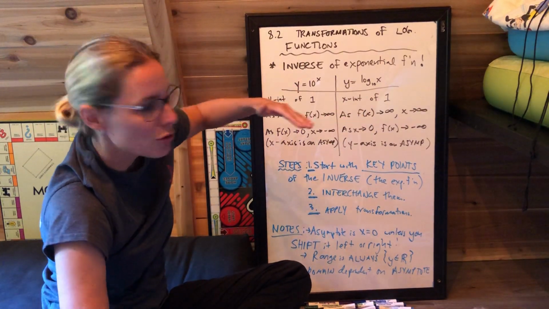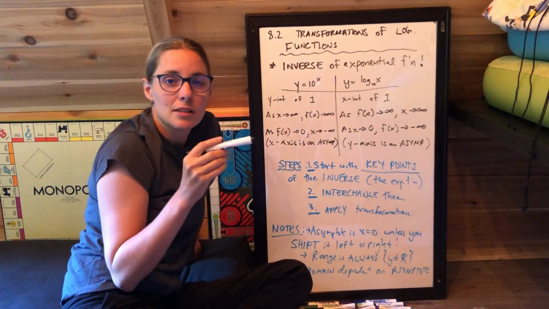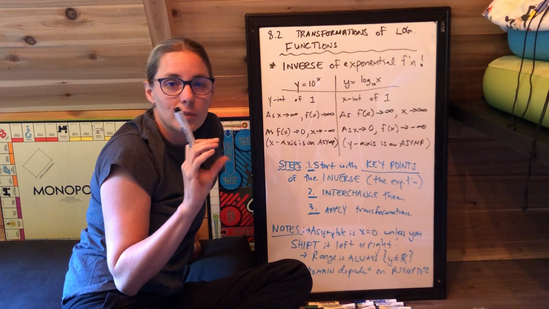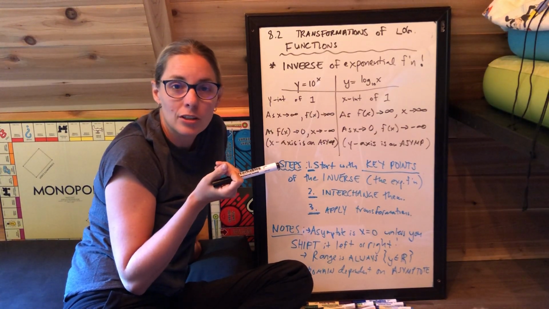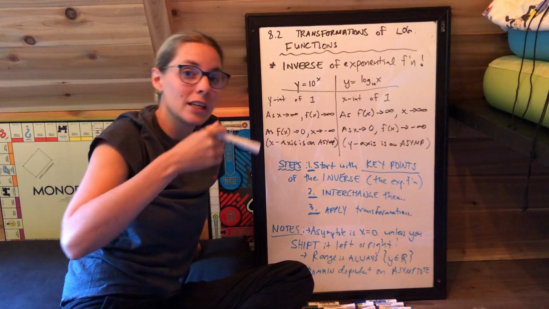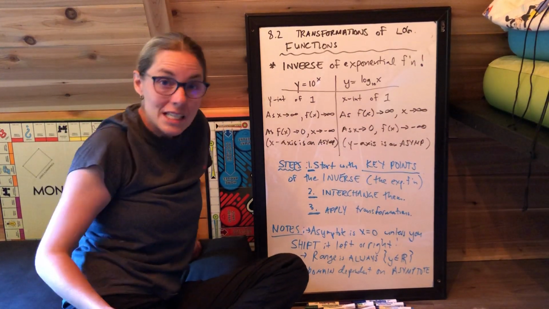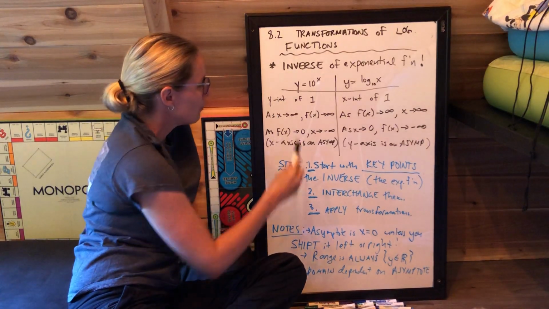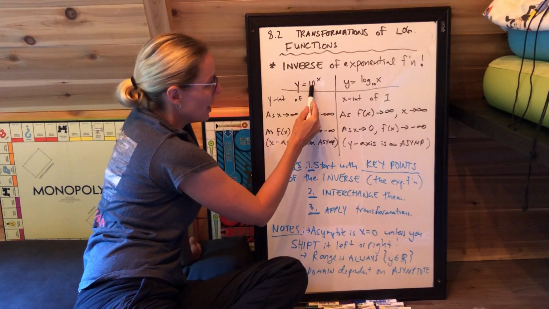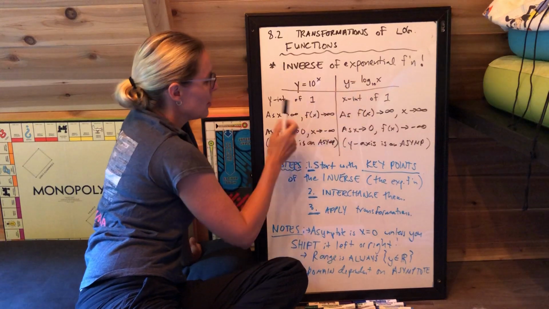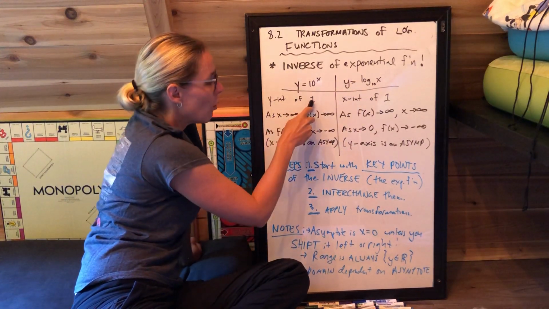Now, if they are true inverses, that means that there's an interchanging of x and y values, an interchanging of x and y intercepts, and an interchanging of x or y asymptotes. Everything gets switched. So some things to remember about all exponential functions, not just this example, is that they have a y-intercept of 1.